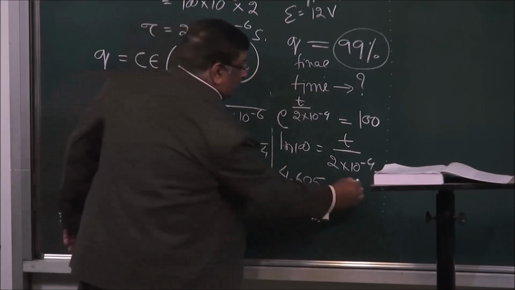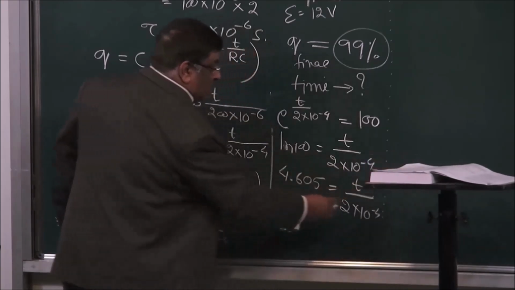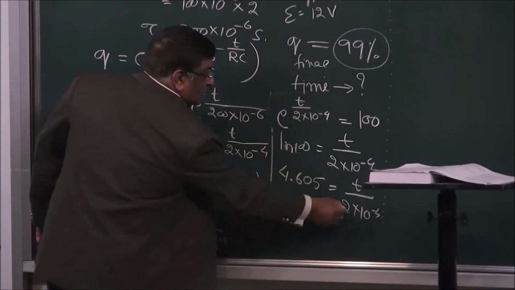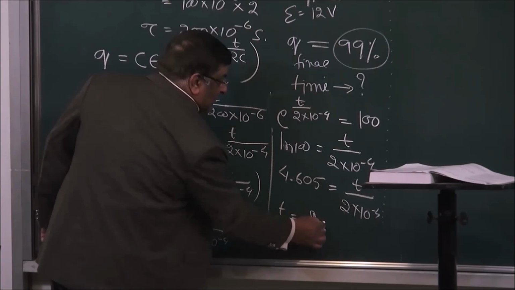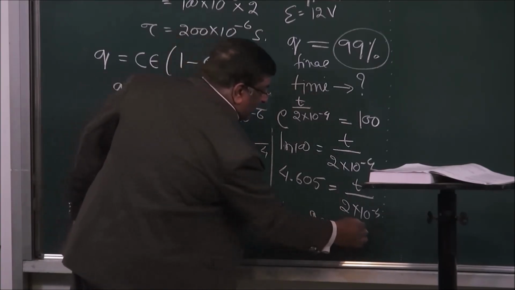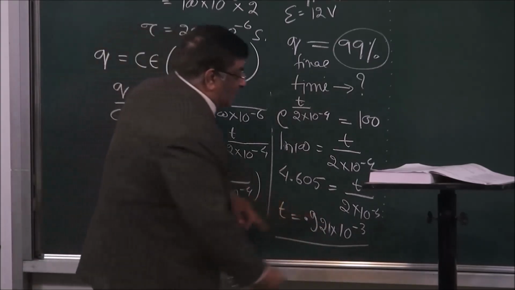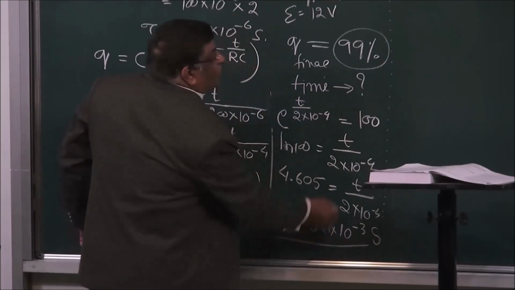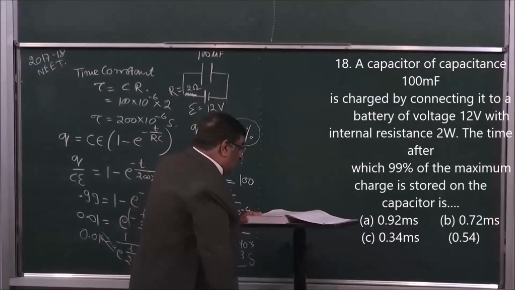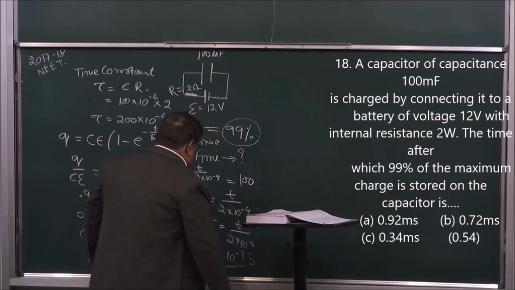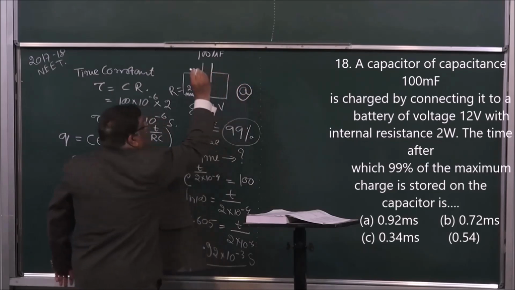So 4.605 is equal to t upon 2 into 10 to the power minus 4, and here we have t equal to 4.605 into 2 into 10 to the power minus 4, that is 0.92 into 10 to the power minus 3, that is 0.921 millisecond. Here you will find there is one answer as 0.92 millisecond, that is answer A. So we have the right option A.